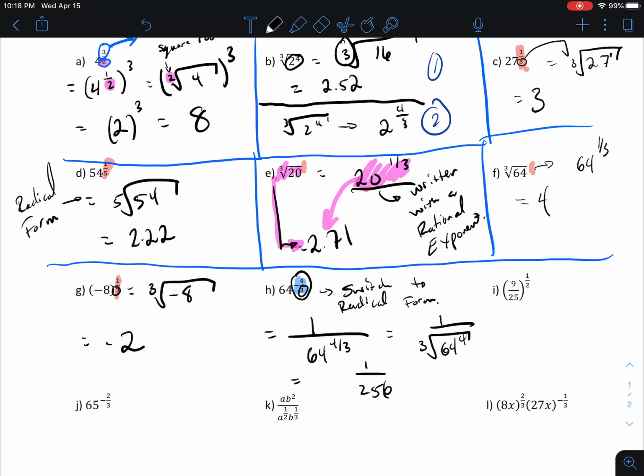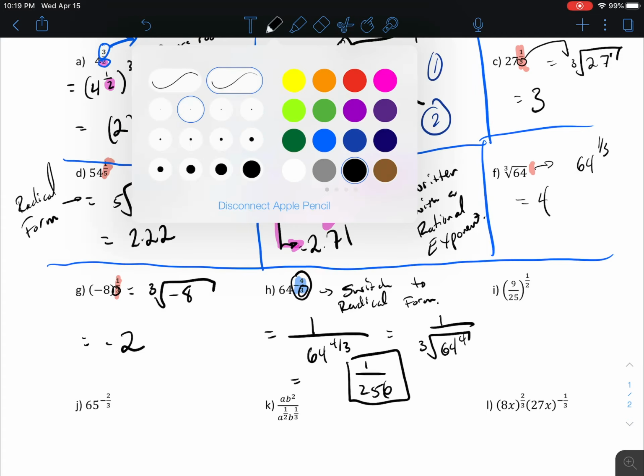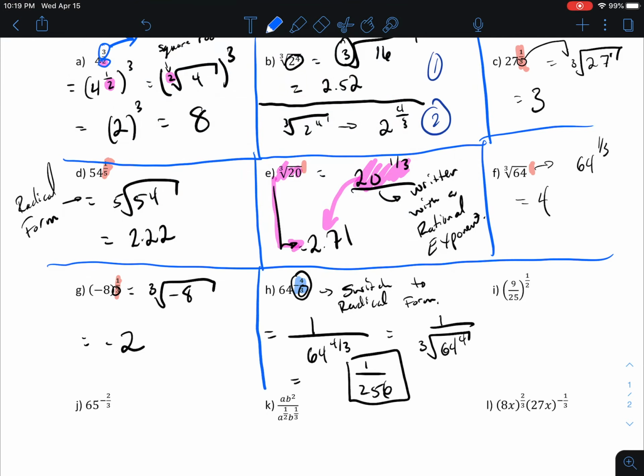So you're basically doing, it's 1 over 256, but what you're basically doing is 64 times 64 times 64 cubed rooted. Okay, that should be this. There's your answer. Okay, so it's good. You can start seeing this is very similar to the same thing over and over again, right? And we're just going to have to be able to apply it to our exponent laws.